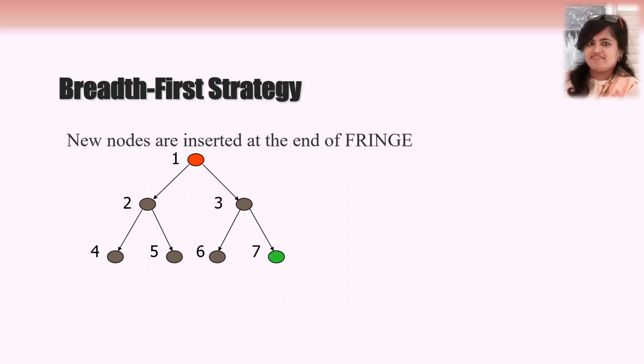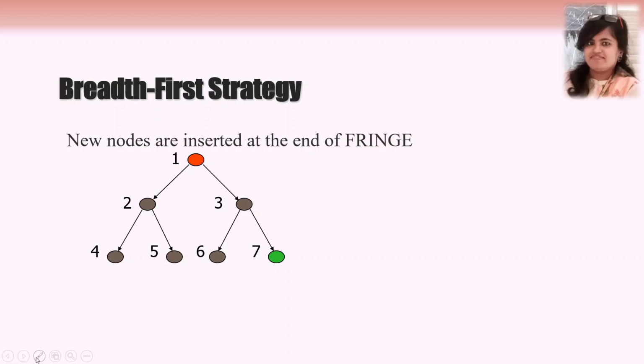For this search technique, what we need to know first is the concept of fringe. The fringe is where we are going to store the new nodes, that is, the unexplored nodes. For the breadth first strategy, breadth means we are going row wise, along the breadth, right?